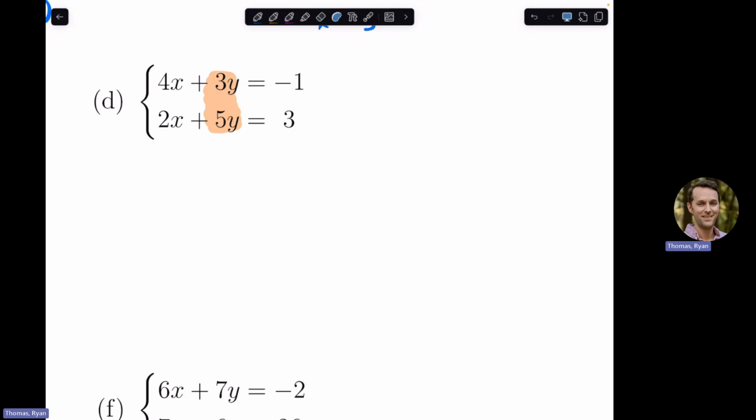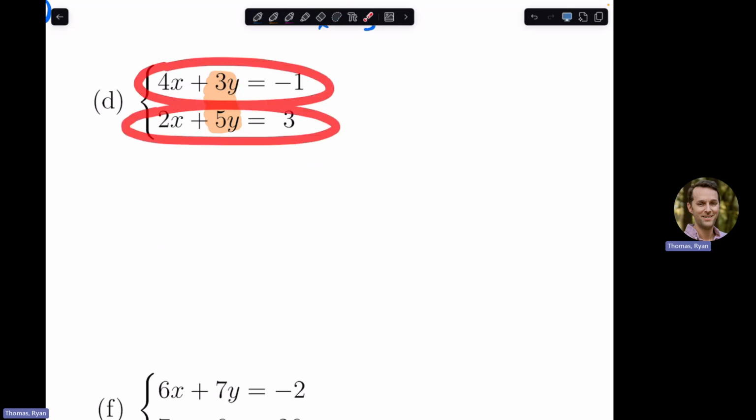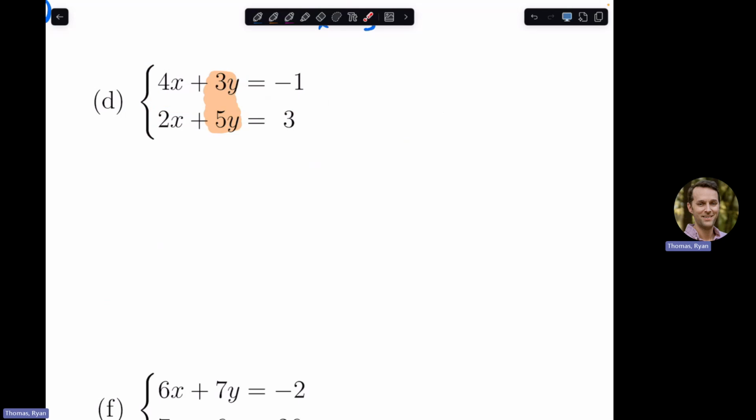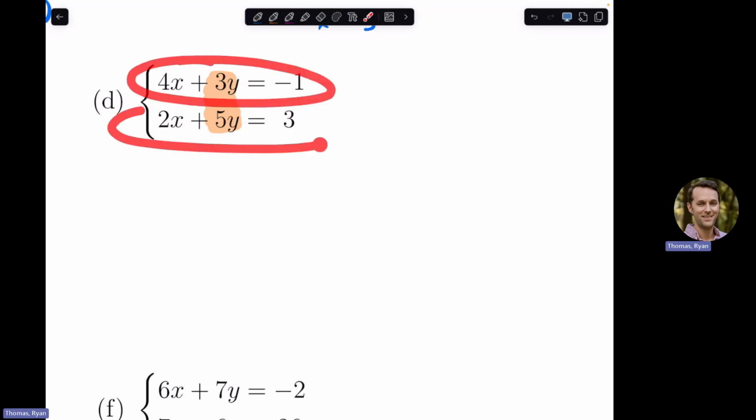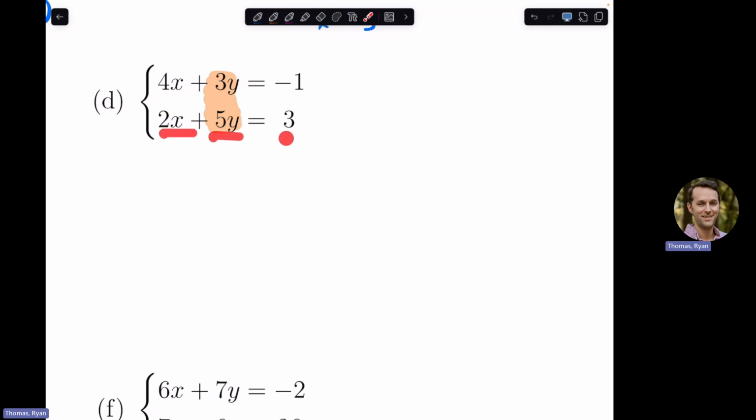If I look at the y terms, 3 and 5, the least common multiple for 3 and 5 is 15. So I would need to multiply both equations. 15's bigger, so the numbers are going to be a little bit bigger, and I have to manipulate both of them. That means there are 1, 2, 3 more opportunities that I could do some silly little arithmetic thing that throws the rest of it off.